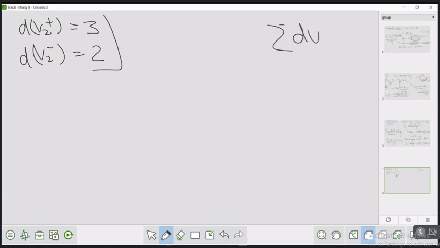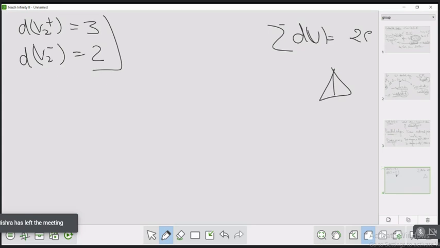The summation of d(v) is equal to twice of e. Sir, it will be the sum of edges, right? No, the sum of the degrees of all vertices will be equal to twice the number of edges. Verify it, if this is wrong. A, B, C, D with edges E1, E2, E3, E4, E5.